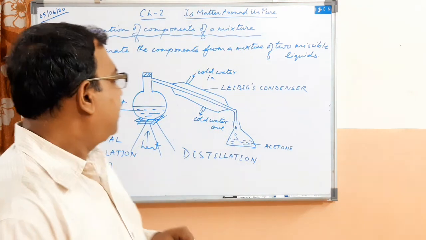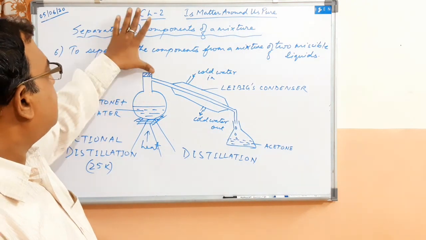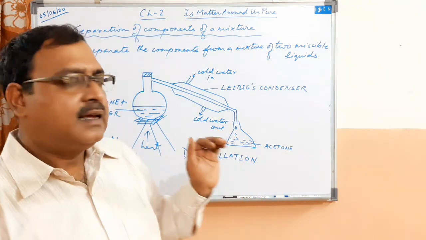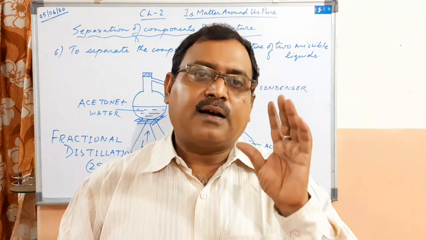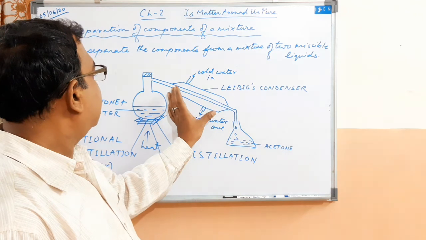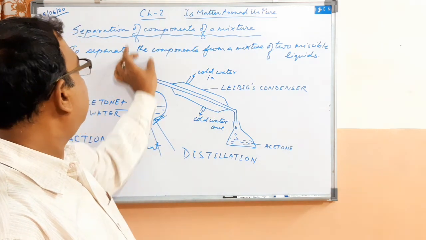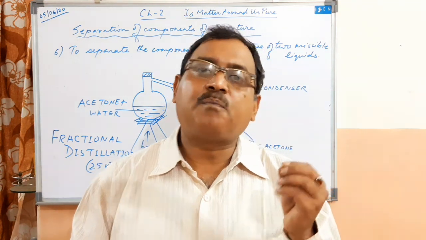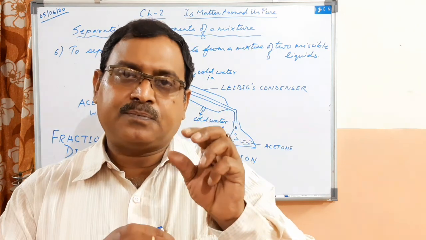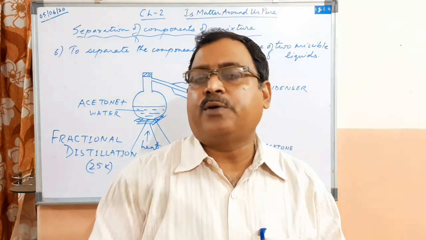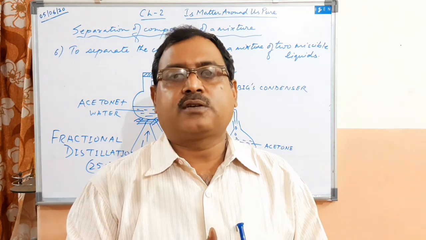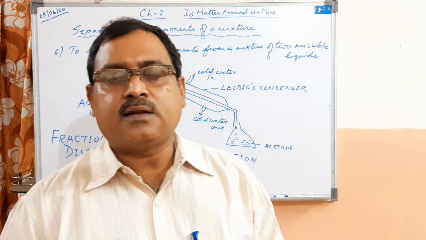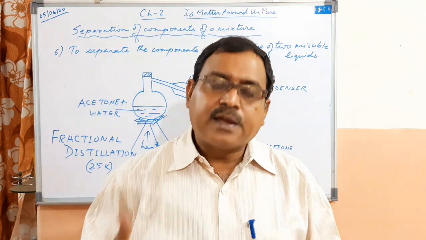Here what happens? At the top, a fractionating column is there. Right? And this Liebig's condenser is attached to the fractionating column which is kept above it. Now, for example, think of petroleum. Petroleum is a mixture of different types of liquids. There is petrol or gasoline, there is diesel, there is heavy oil, there is lubricating oil.